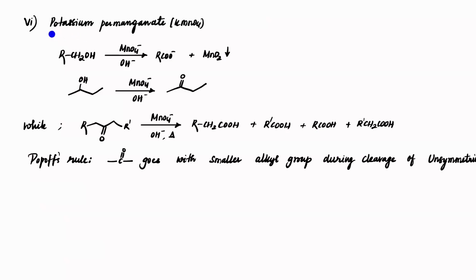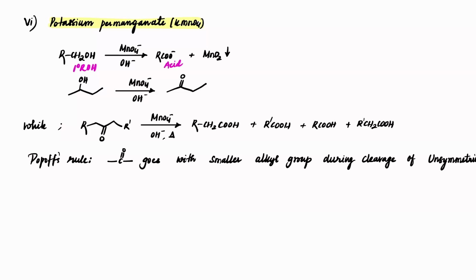Next, potassium permanganate, KMnO4. How does KMnO4 make reactions in this case? Let's see. When you take KMnO4, you can take it in both acidic condition as well as basic condition. So KMnO4 in OH minus, in basic medium, when you treat with 1 degree alcohols, so you can see this is a 1 degree alcohol, then it will convert into acidic form or as carboxylate ion.